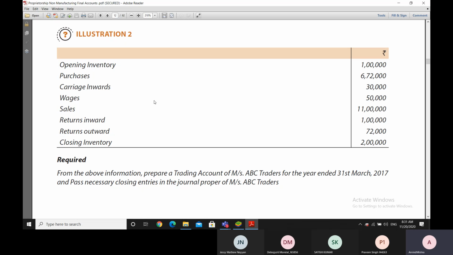So what we have to do is that we have to add all the items which come on the debit side and reduce certain items from the credit side. So we take the opening inventory. To the opening inventory, we'll be adding the purchases, and then we'll be adding the carriage inwards.